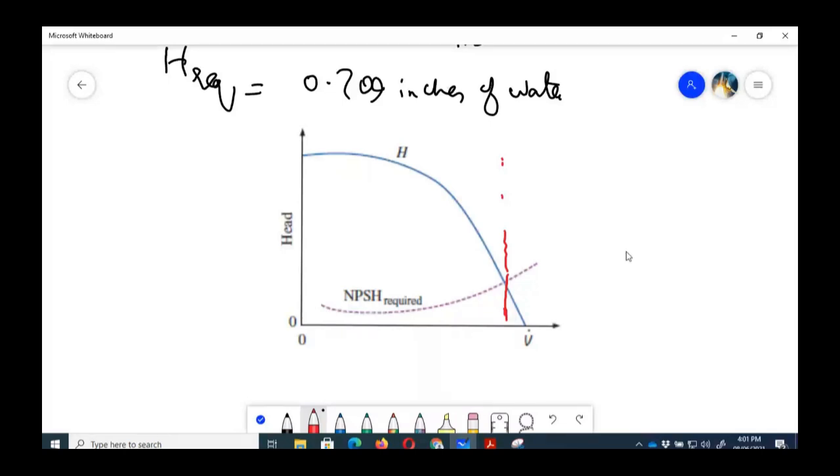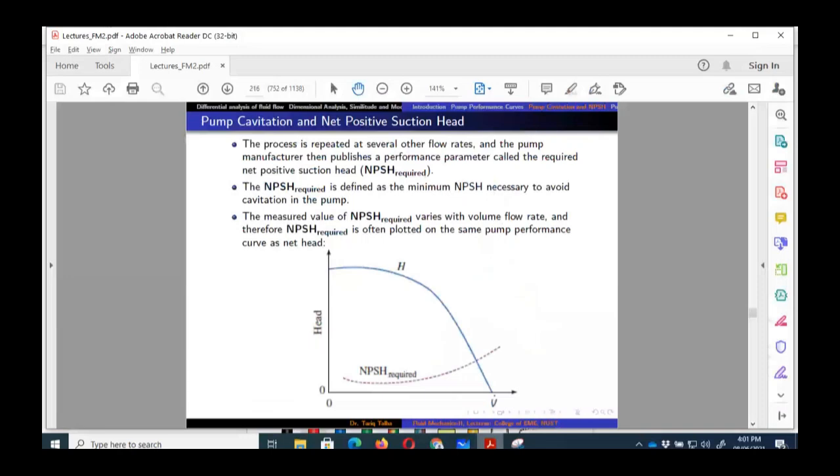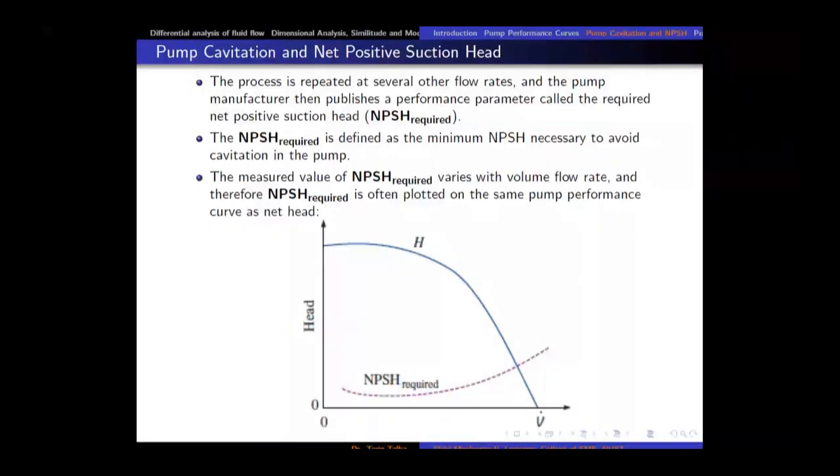Only then would the volume flow rate increase. So we need to make sure that we operate our pump on the left hand side of this intersection point to avoid cavitation. Our operating point volume flow rate should be less than this intersection point, so that there is no cavitation. So this was the required net positive suction head.